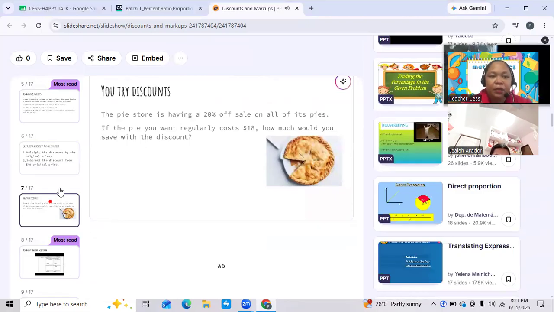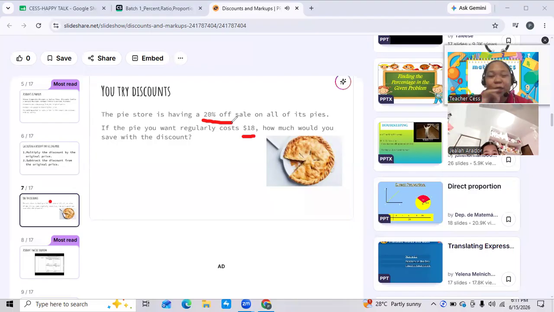For example, the pie store is having 20% off, so the discount rate is 20% on all of its pies. If the pie you want regularly costs $18, how much would you save with the discount?